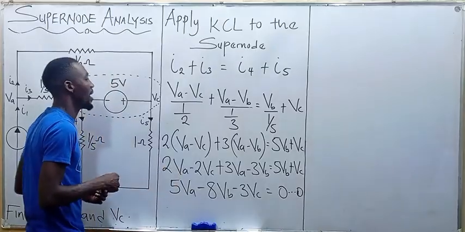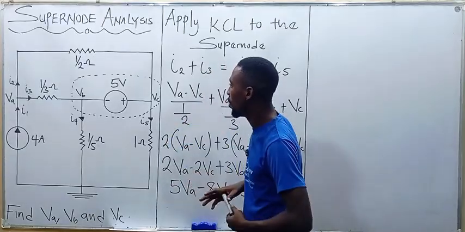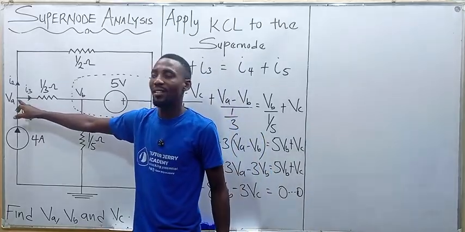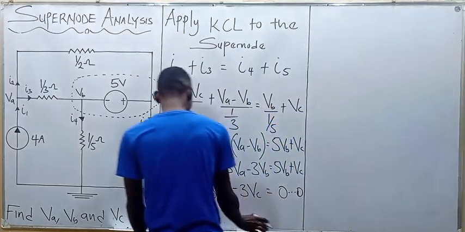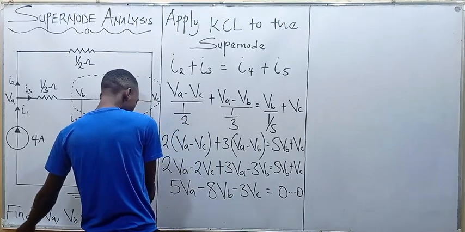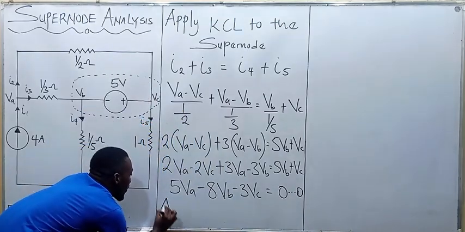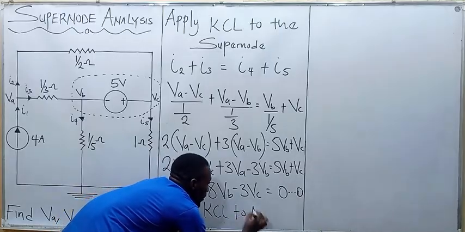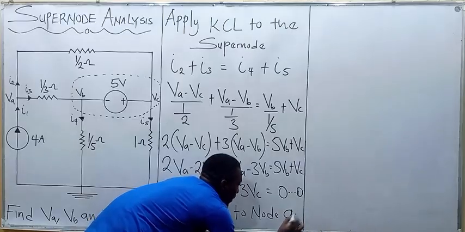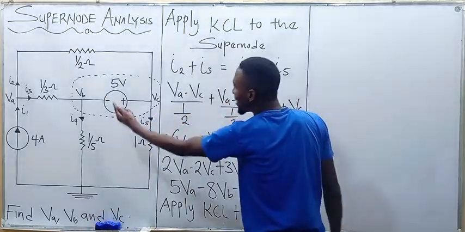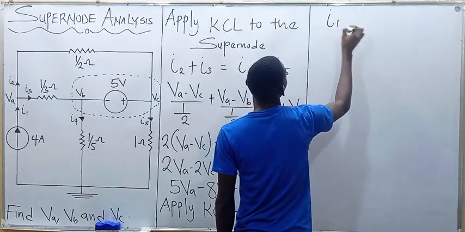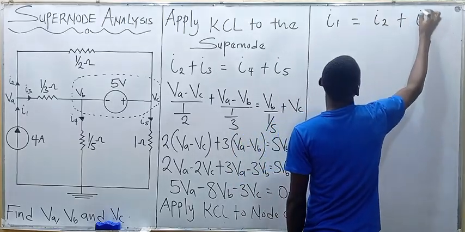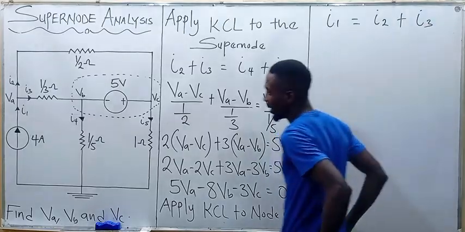Now we are also going to apply KCL to node A. We have already treated this other part as a single node, but don't forget we also have another node here, which is node A. The current entering node A is I1, so I1 equals I2 plus I3.